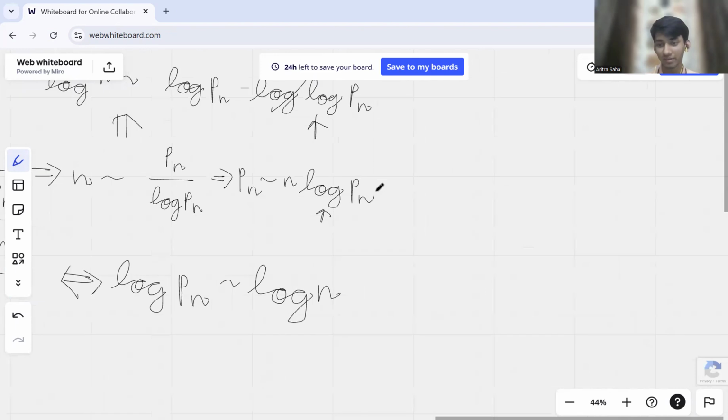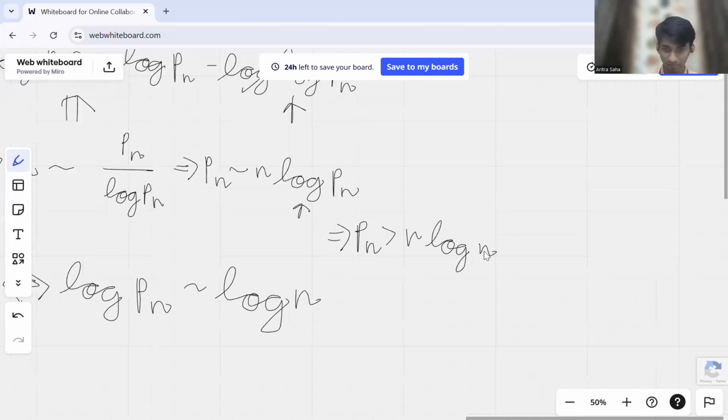Even if they're asymptotically the same at infinity, we are lowering the value in some way. So we can also say that for large enough n, Pn is actually greater than n log n, even if they're asymptotically the same. This inequality is true. Okay.